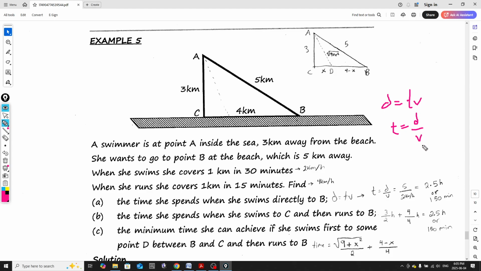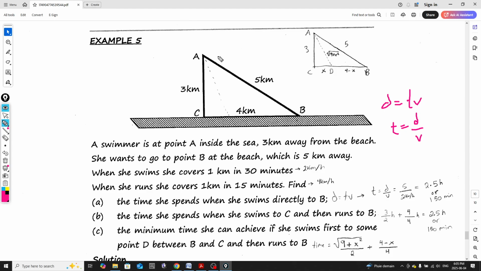So 3 divided by 2, that's the time. So 3 over 2 hours, plus she travels 4 kilometers by running at a speed of 4 kilometers per hour. So plus 4 over 4, that's going to take her 1 hour, right? It takes 1 hour to travel 4 kilometers if you're traveling at 4 kilometers per hour. Okay, so you've got 1 hour plus 1.5 hours. So that's going to also take 2.5 hours.